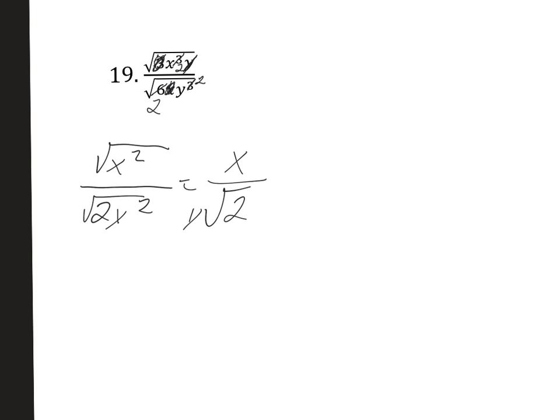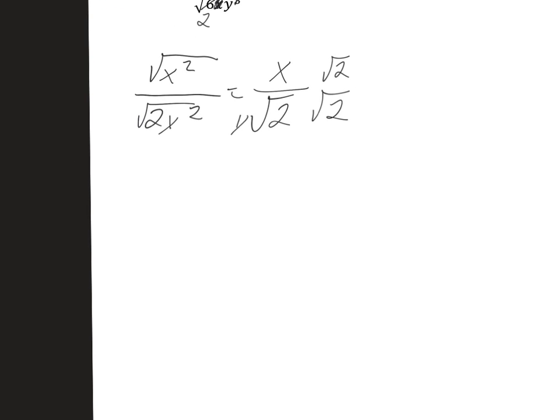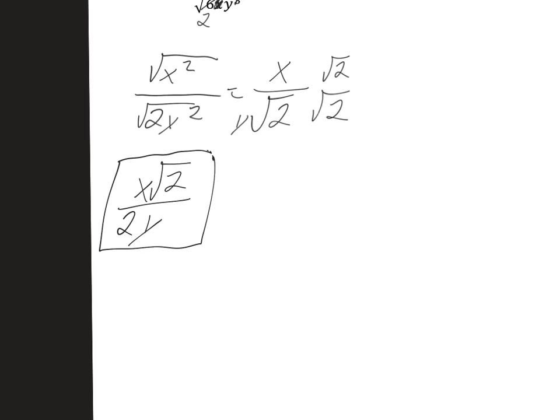Now I'm going to multiply the top and the bottom by a radical 2, because I'm not allowed to have that radical down in the bottom. So that tells me I have x radical 2 over 2y. Or you could write y times 2. It means the same thing. But this is the final answer.